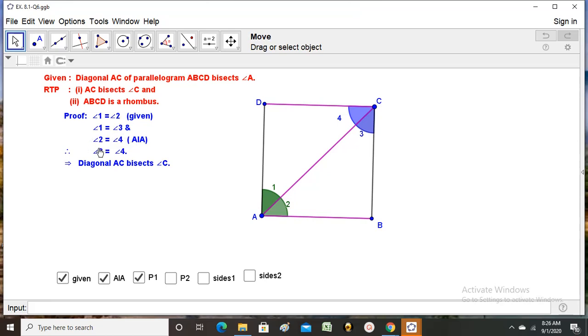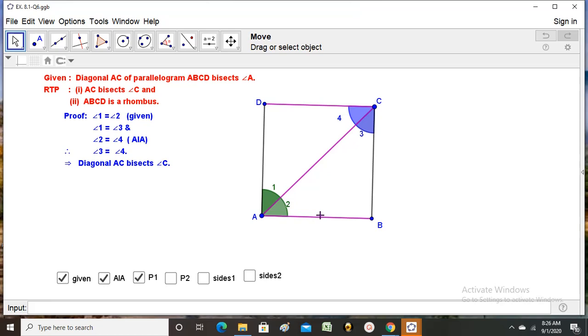That means 3 and 4 are equal. Here we are given that 1 and 2 are equal, and we proved that angle 3 and angle 4 are equal, meaning this angle C is also bisected by this diagonal AC. Okay, first part we proved.